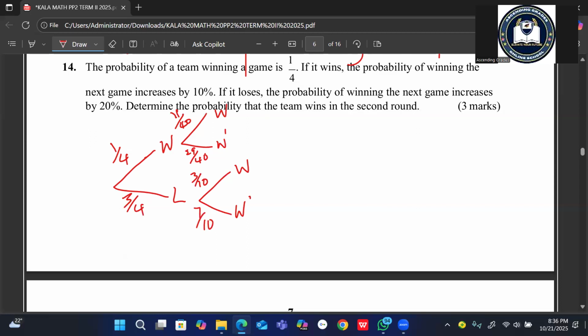So the question is asking, determine the probability that the team wins in the second round.